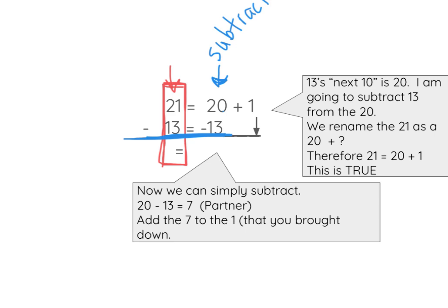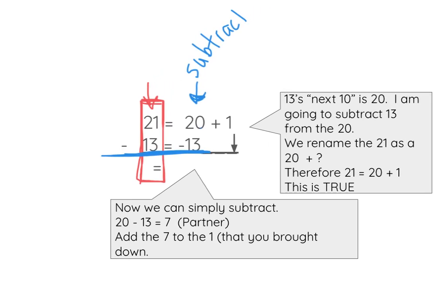Now, the rest of it, I have to make the top equation a true statement. 21 equals 20. I need to add a plus 1 to it, because without that plus 1, it wouldn't be a true equation. So that's my break apart.